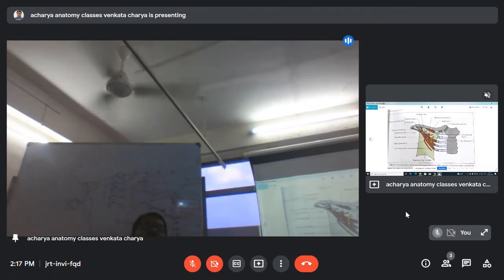See, how many nerves came to the pectoralis major muscle? Earlier we also gave the lateral pectoral nerve, right? So the lateral pectoral nerve also supplies the pectoralis major and the medial pectoral nerve also supplies the pectoralis major. So two nerves supply this one muscle. Are you getting?